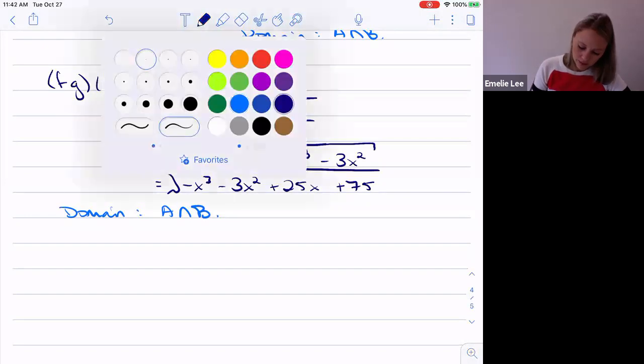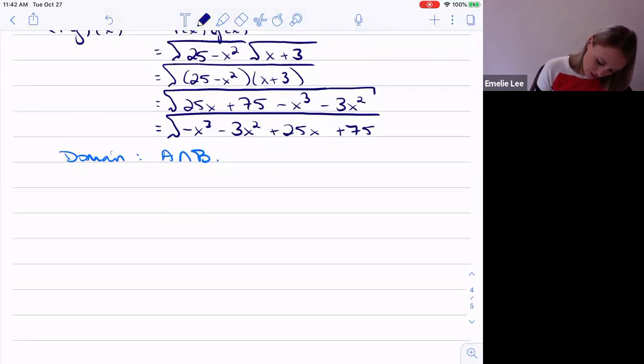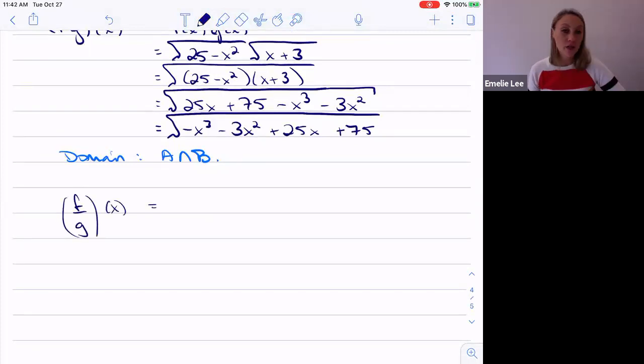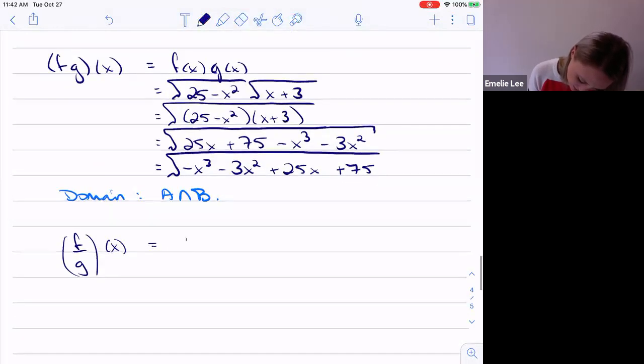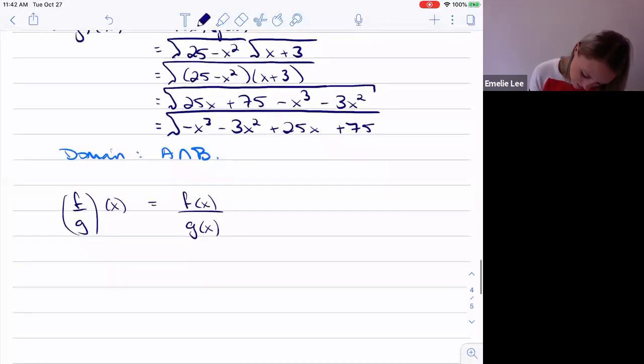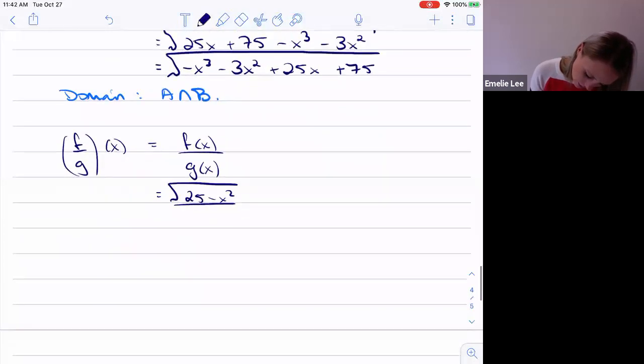So now let's do f over g of x. Let's find the function first, and then we'll figure out the domain, which we already talked about, so it's not going to be that bad. So f of x, oops, almost got right to it, and that's okay. If you want to just get right to it, that's okay. F of x over g of x is the root of 25 minus x squared over the root of x plus 3.